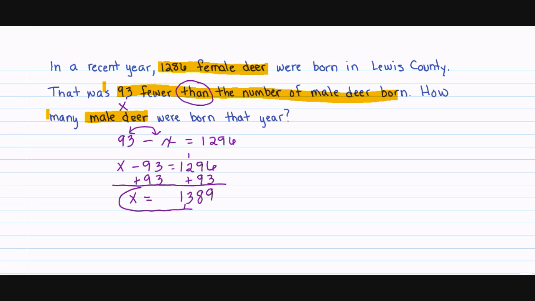So I have 1,379 male deer. 1,379 male deer minus the 93 fewer will give me back the female deer, because that's 93 fewer than the male deer. Okay? And that's it. Thank you very much for watching how to add and subtract one-step equations.